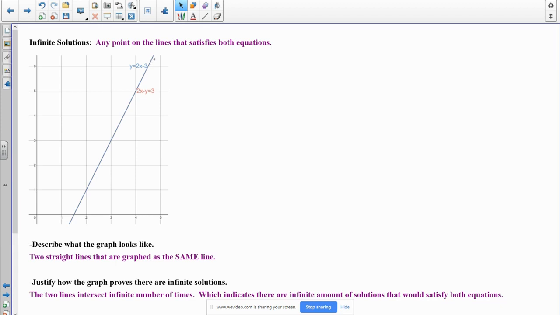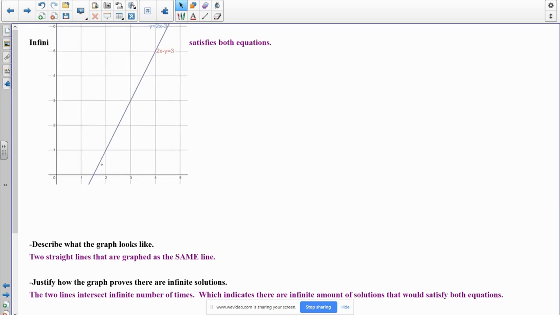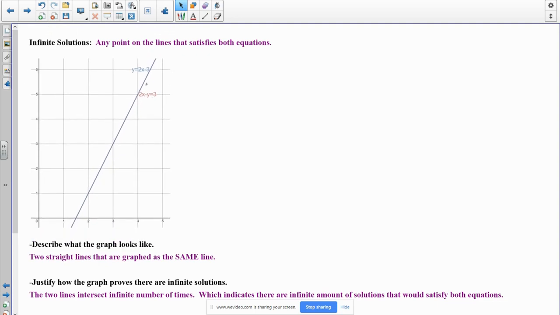I could look at their tables and see that there are many points on this line that would satisfy both, because they're technically on top of each other. So that means they intersect an infinite number of times. So what does this graph look like? It's 2 straight lines that are graphed as the same line.